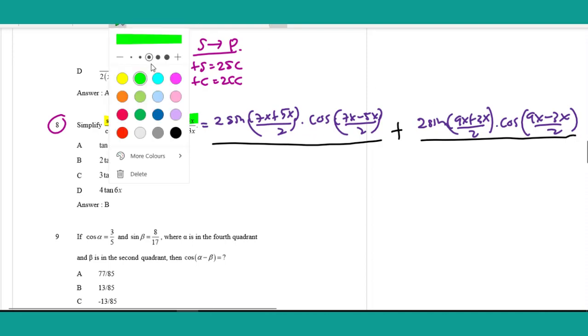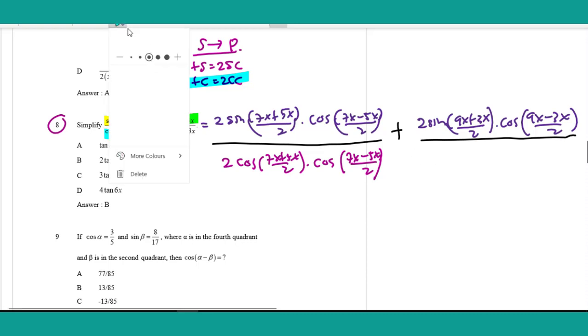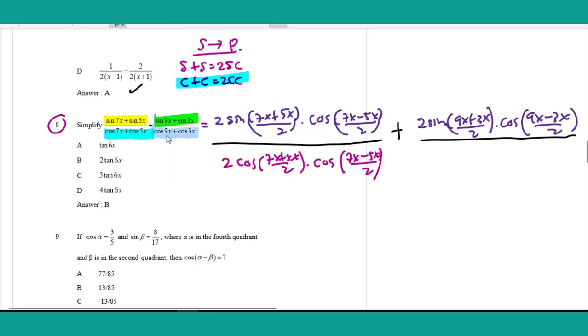Denominator: cos plus cos. It is 2 cos of (7x plus 5x) over 2, times cos of (7x minus 5x) over 2. The second one is also cos plus cos: 2 cos of (9x plus 3x) over 2, times cos of (9x minus 3x) over 2.